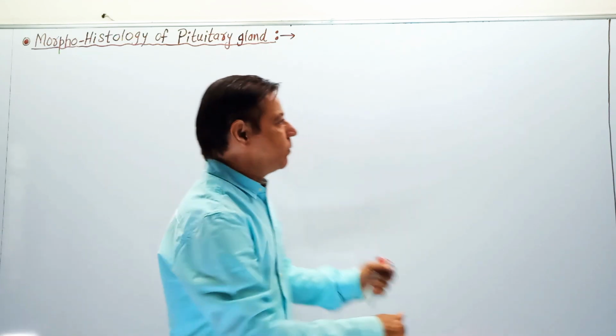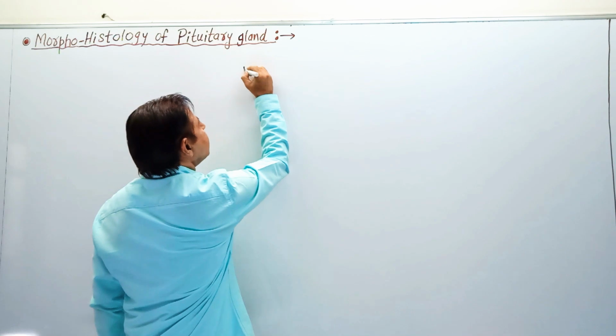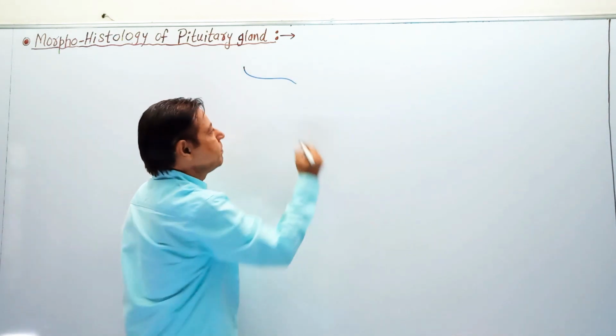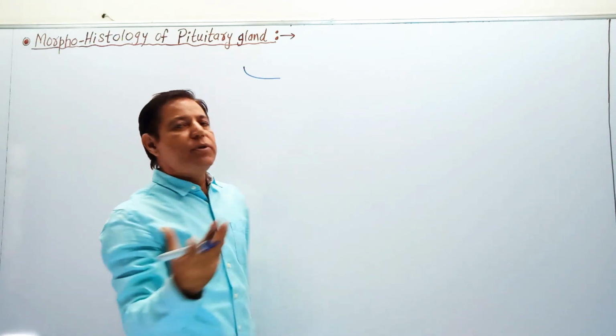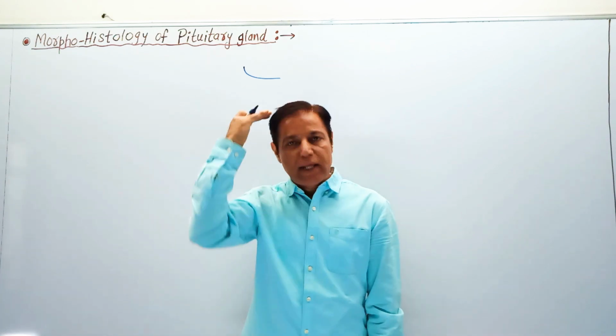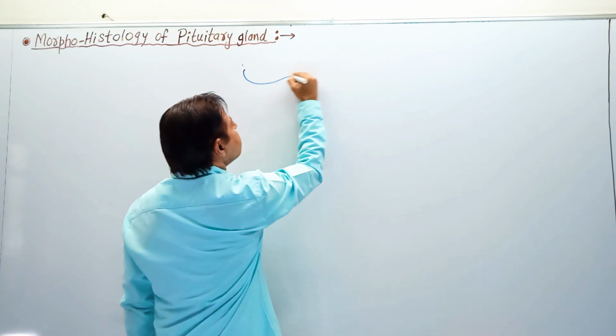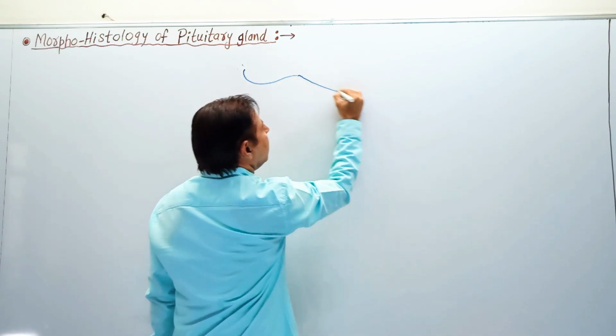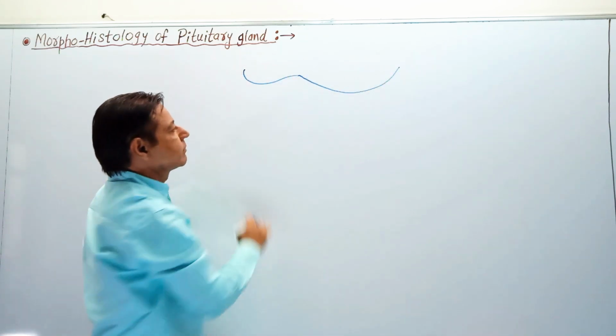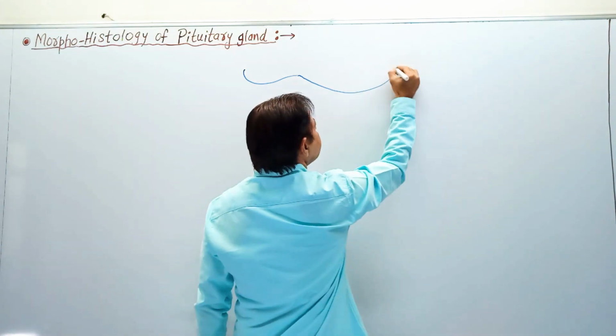Okay, now we will study morphological aspect of pituitary gland. As we know, pituitary gland is located below hypothalamus of our brain. Here, this is the lower portion of hypothalamus. This is the hypothalamus.